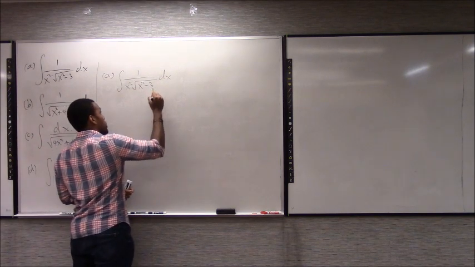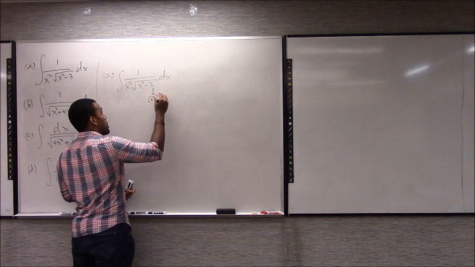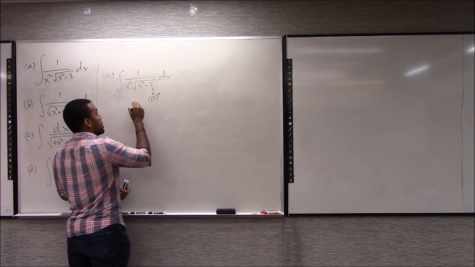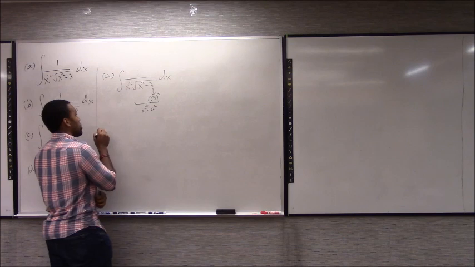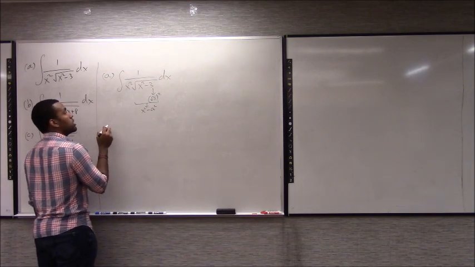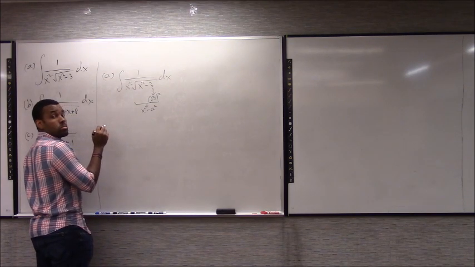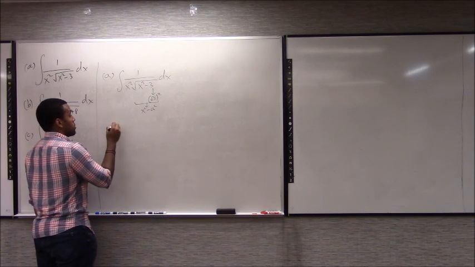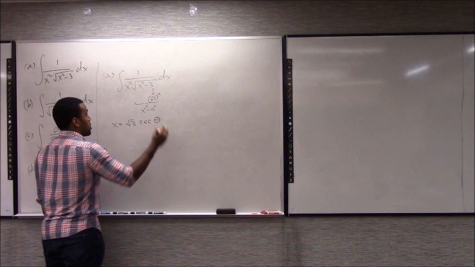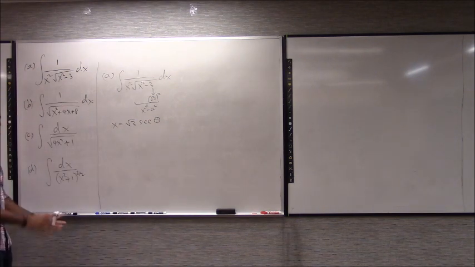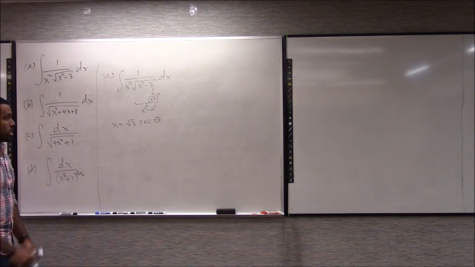We can think of the 3 as the square root of 3 squared, so this looks like an x squared minus a squared form, and the proper substitution would be root 3 secant theta. That reminds us of secant squared minus 1, which is going to give us tangent.